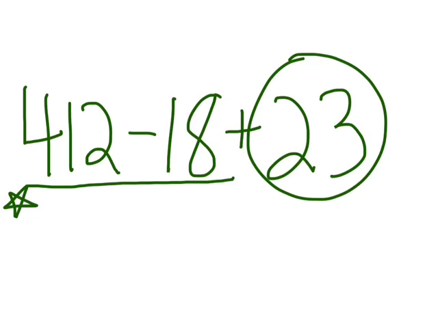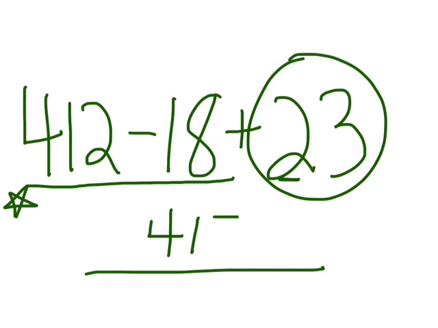So that right there would be 394. So I'm thinking 394 plus 23. So 394 plus 20 would be 414. Plus 3 more would be 417.